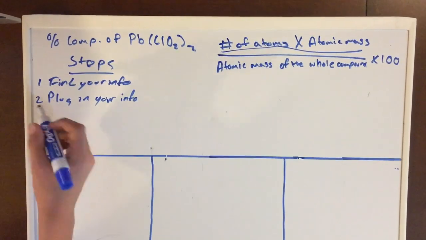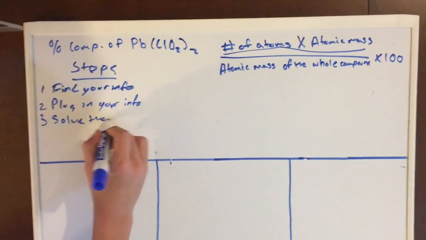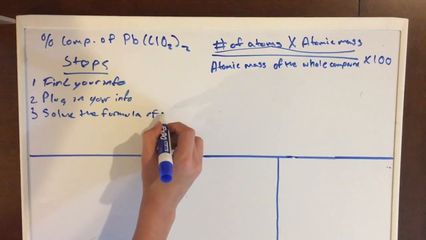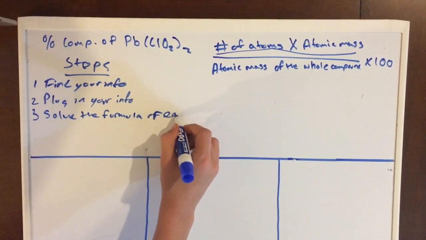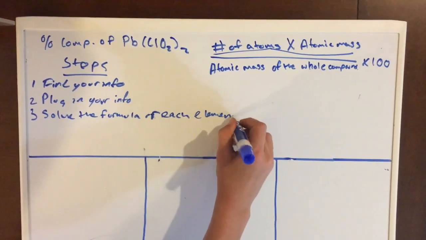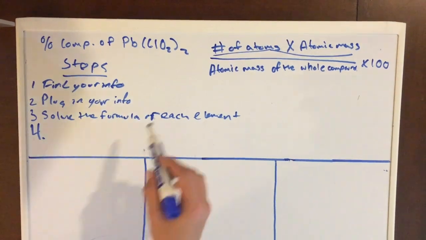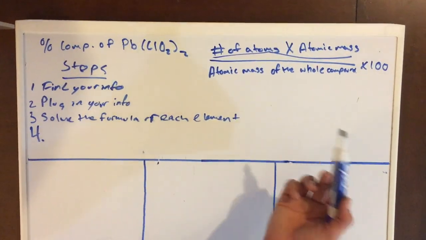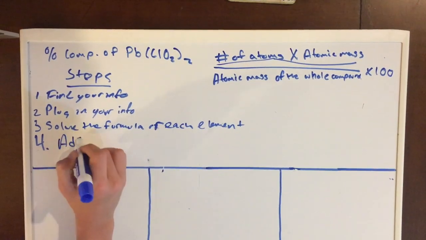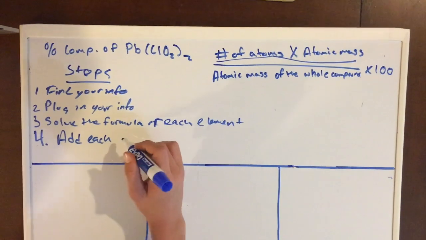So once you do that, you'll solve the formula for each element. And then the final step is once you find each element's percent composition, you'll add each element's composition to get the compound's percent composition.